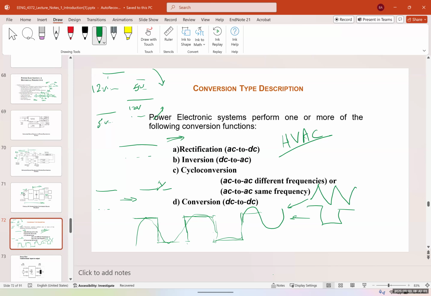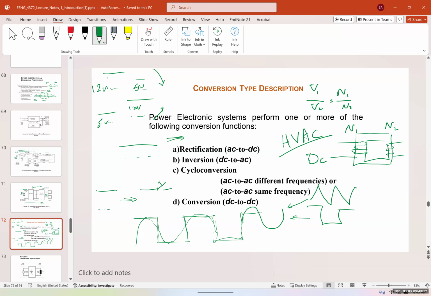Imagine that I have a transformer. We have the primary winding and the secondary winding. You already know that for a transformer, V1 to V2 is equal to N1 to N2, the turn ratio.